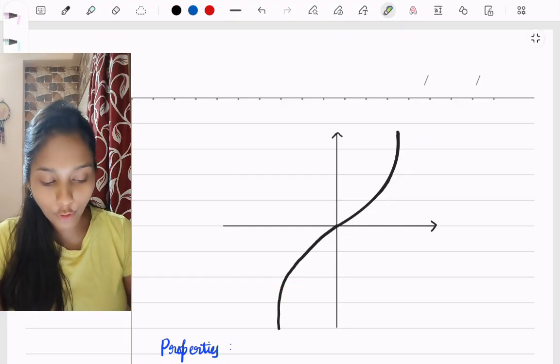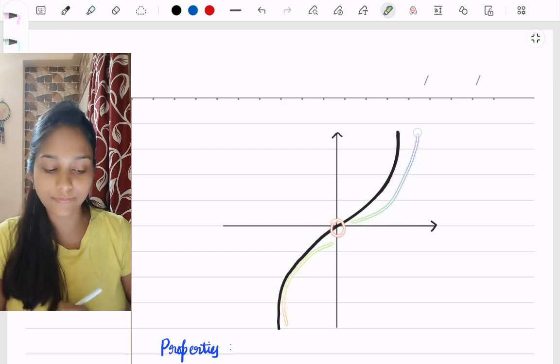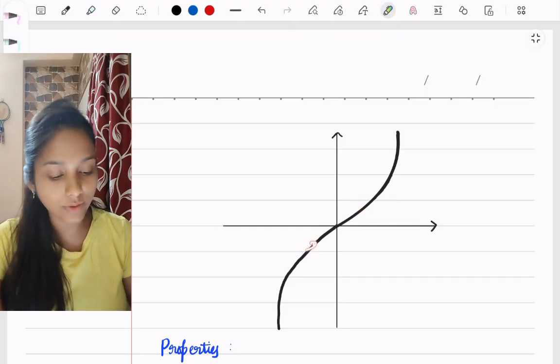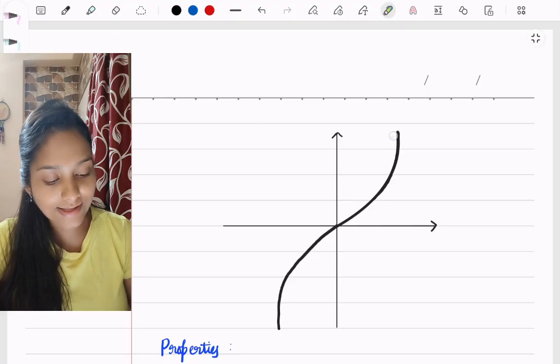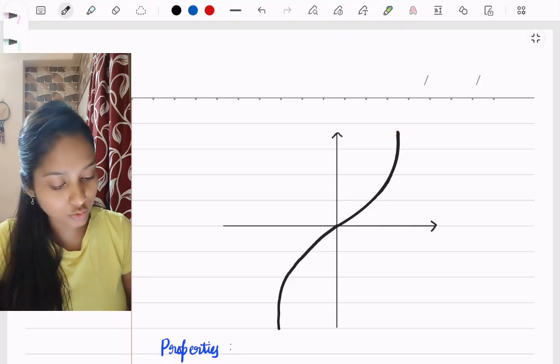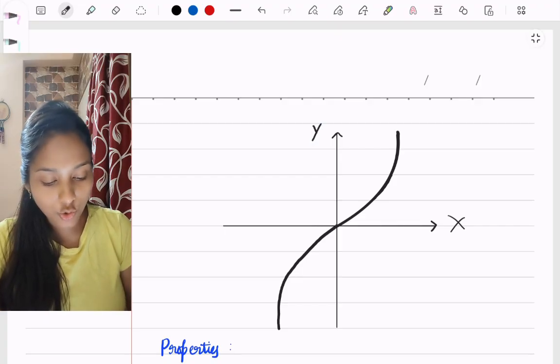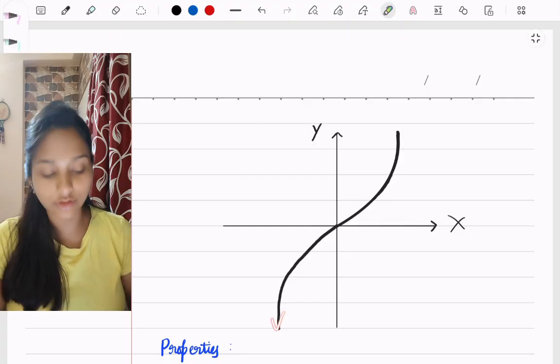Next, it has a point of inflection where the concavity changes from concave to convex. And this function passes through the points (1, 1) and (-1, -1), and as x goes towards infinity, the function goes toward positive infinity, and as x goes toward negative infinity, the function goes toward negative infinity.